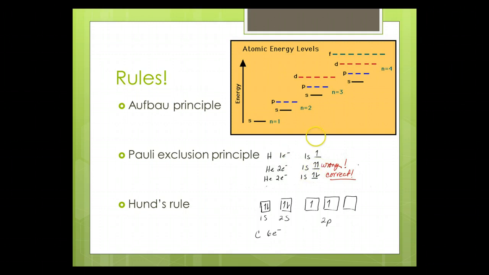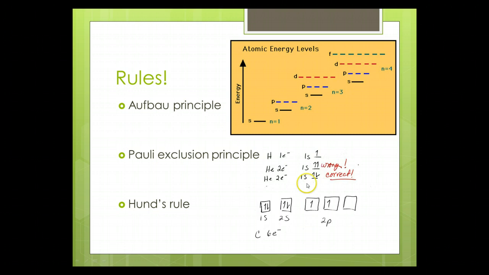Helium has 2 electrons, so I have to put them into the 1s. I can put up to 2 in that orbital. The first one goes with an up arrow and the second one has to go with a down arrow. We use half arrows to denote 1 electron. And so we have obeyed both the Aufbau principle and the Pauli exclusion principle in this second diagram right here.